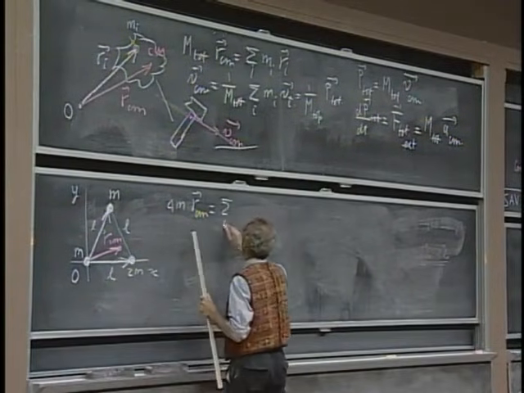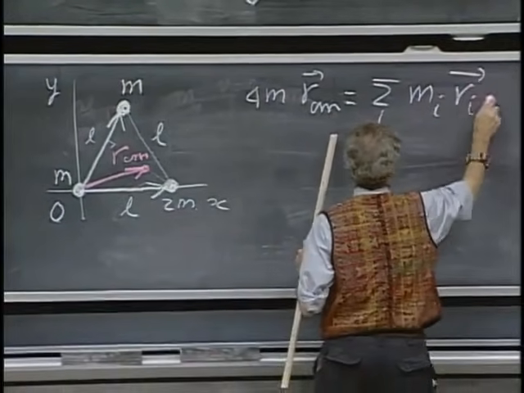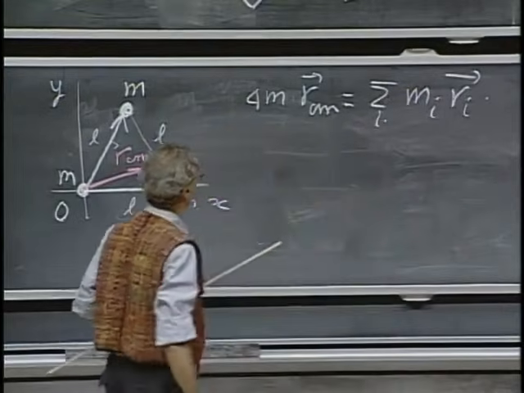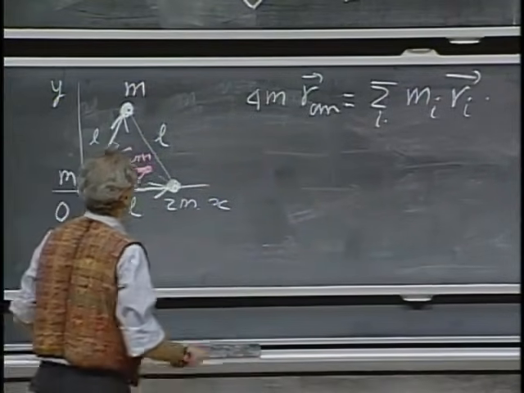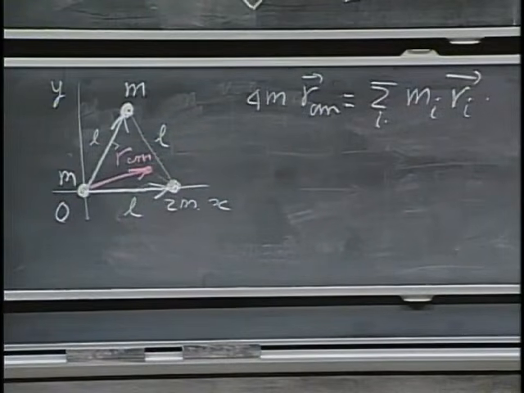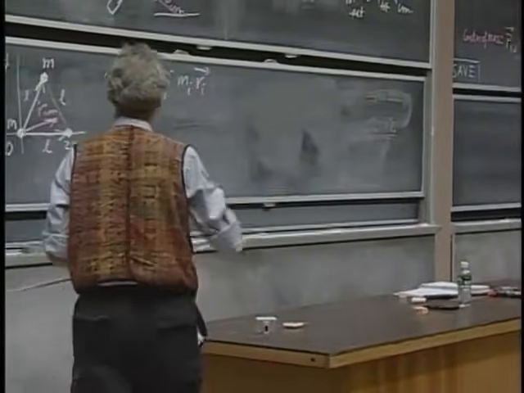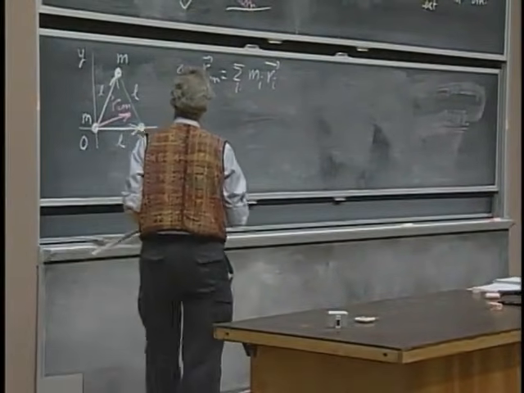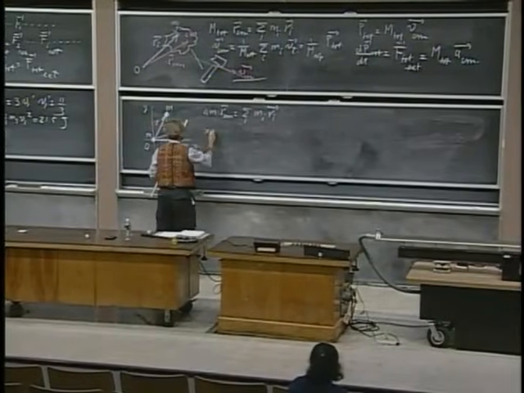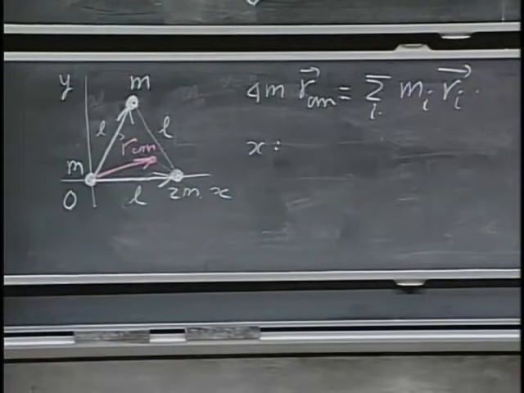So it is the sum over i of m_i times r_i, and this i goes from 1 to 3. Now, this is a vectorial equation, and whenever we have a vectorial equation, it sometimes pays off to split it into 2 components, a y and an x component. And so in the x direction, of course, the same equation holds for the x component of these vectors.